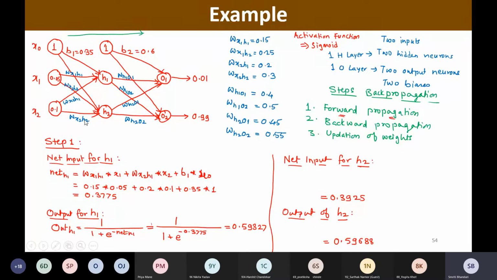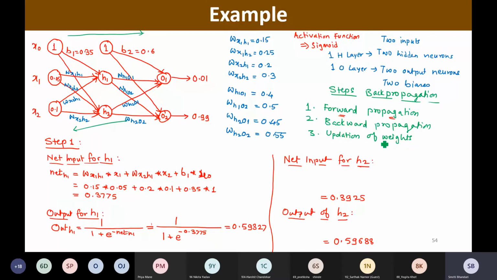So our back propagation actually works in the reverse direction, in this direction.